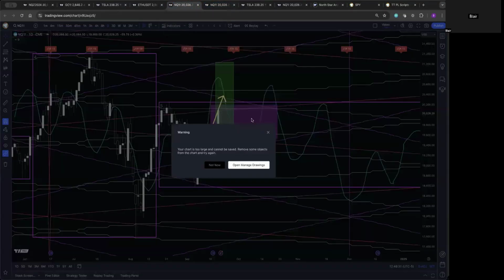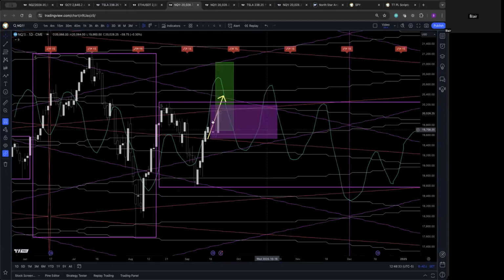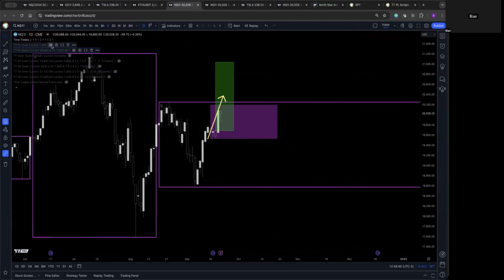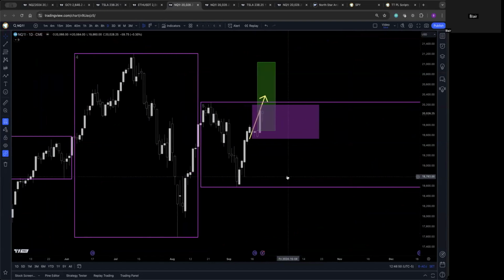I want to take a look at this chart here. Now, let me just close some of these. Ruler, don't need that. All right. Now, what I want to focus on here is we're at an interesting juncture where we're in Venus interval 5, which is typically a trending interval, but we're also in an eclipse season.